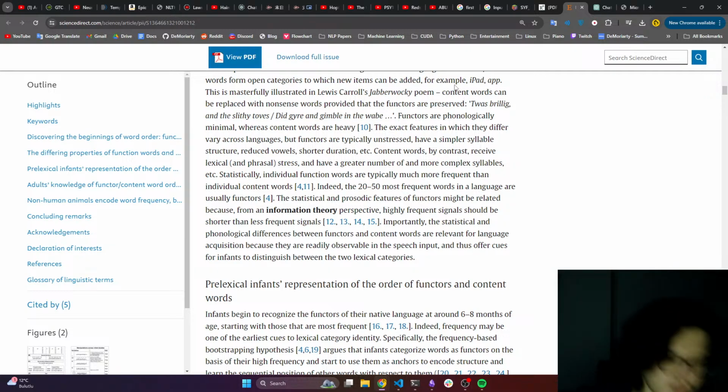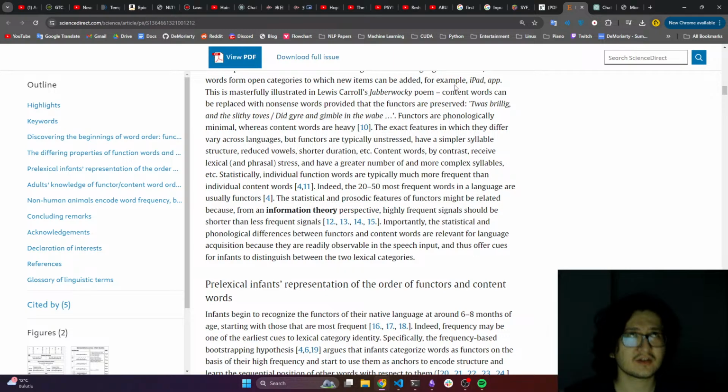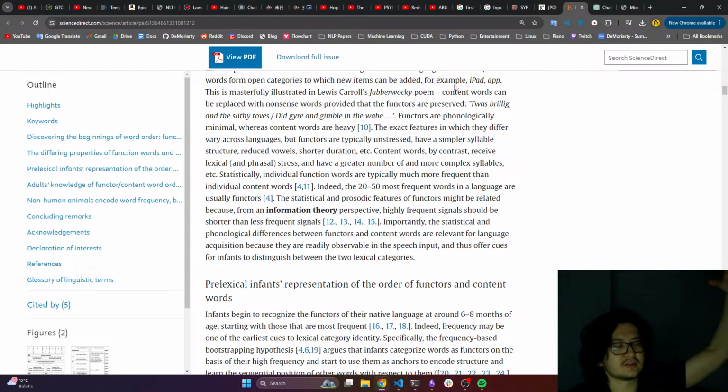I would say it's just about the fact that it's a closed category is kind of like an artifact, or an emergent property, of them having a high frequency, or the highest frequency, right? These words have the highest frequency, therefore they are first captured and understood by the brain, and they are used as some sort of anchors, right?